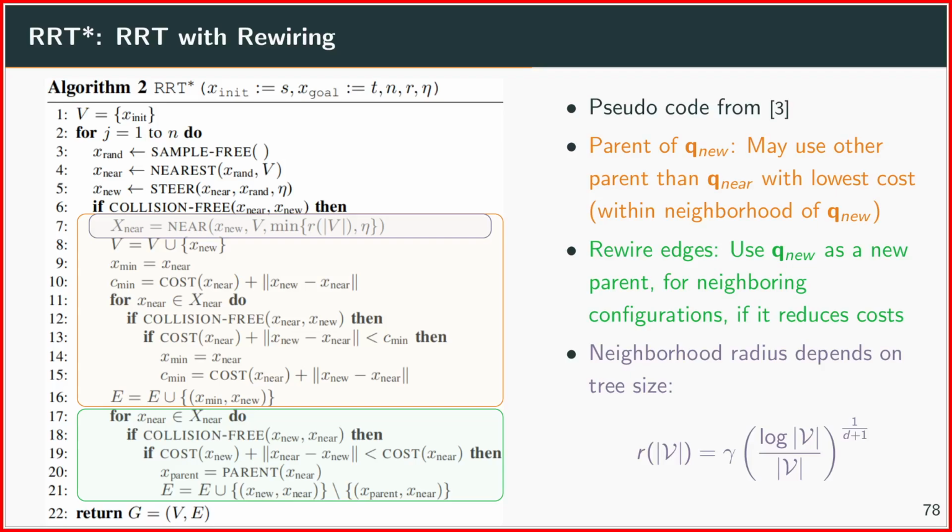But this is basically the formula which they have shown in their original paper to scale very well with the number of dimensions and also the number of nodes in your tree. And so this is how they keep it in check. But yeah, very good question. This is definitely a big problem, and I think it took a lot of time to actually come up with this correct formula. Okay, any other question?